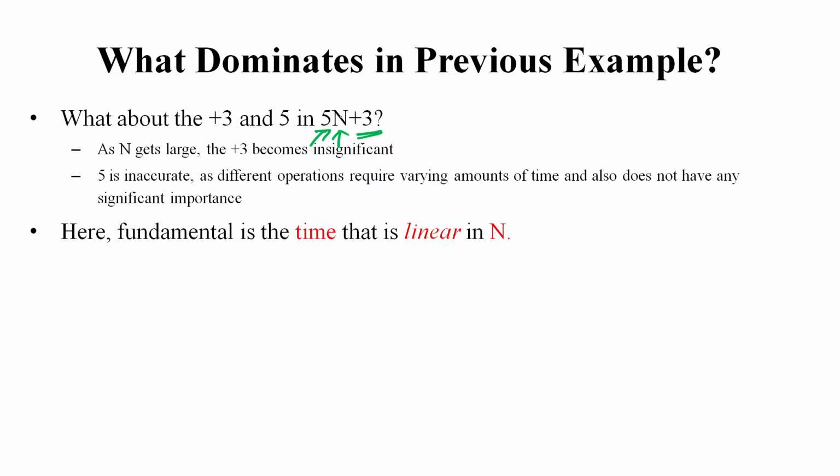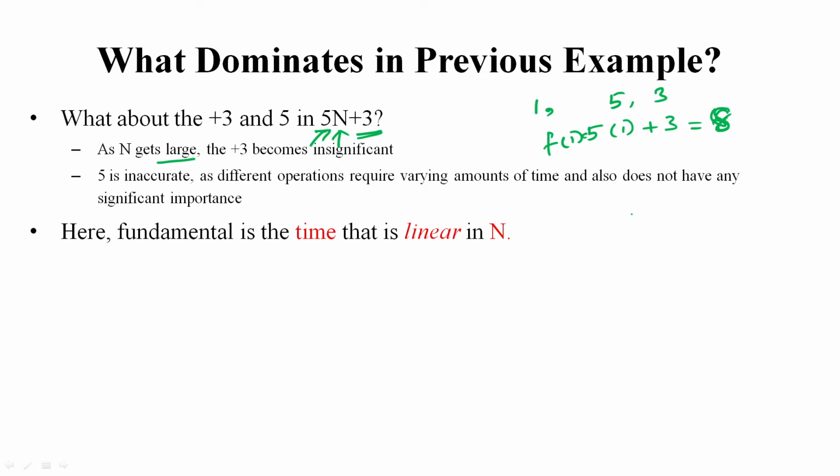You look at here, when n is getting large, when n is 1, these two terms 5 and 3 get very much importance. For example, if n is 1, then f of 1 is 5 of 1 plus 3, so totally 8 steps.